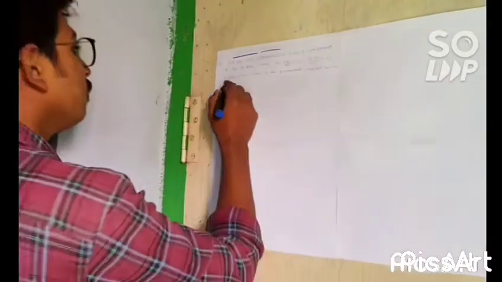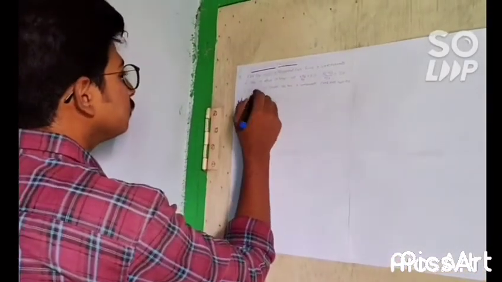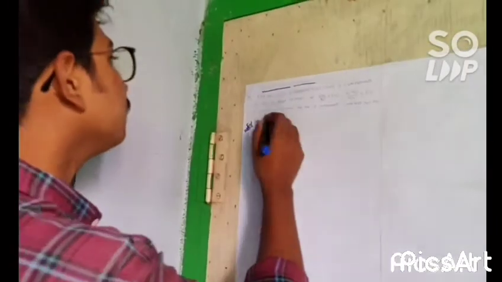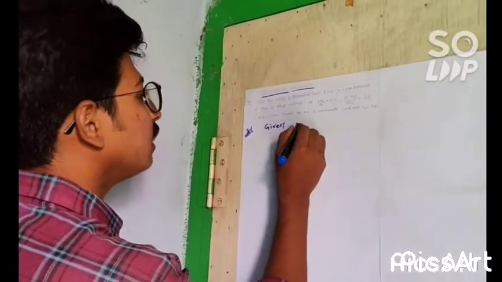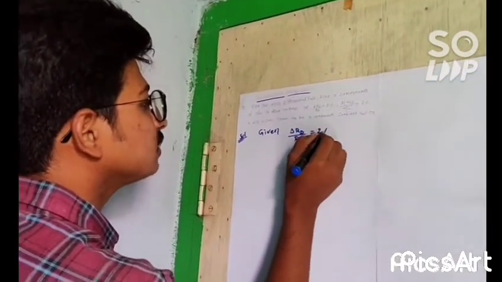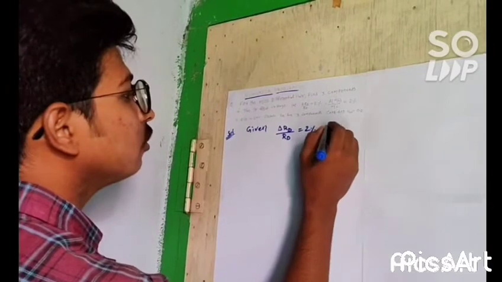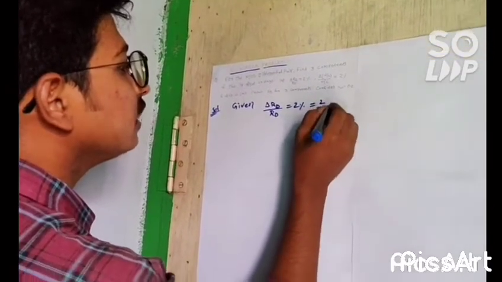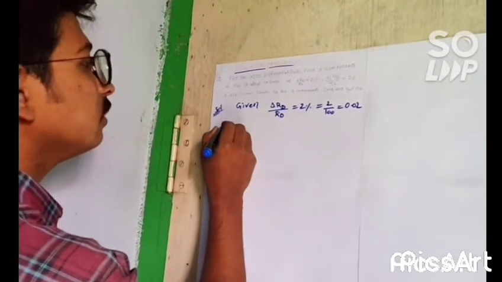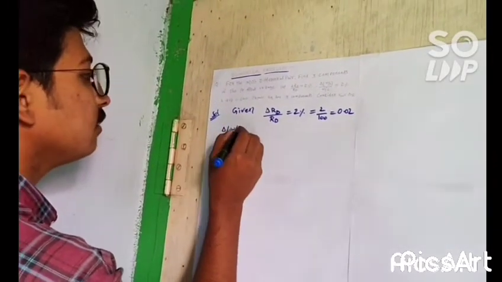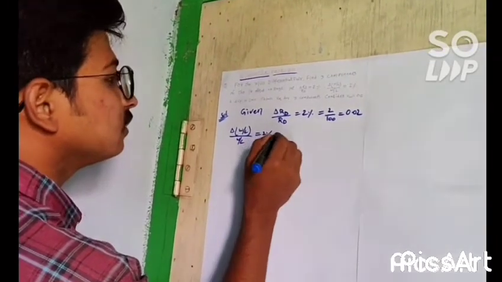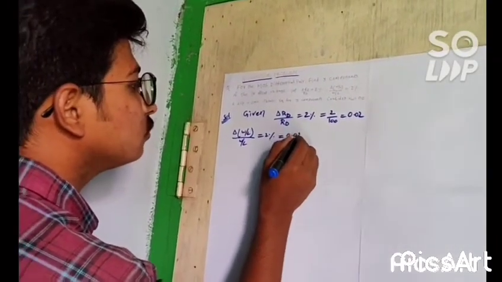Now given delta Rd by Rd is equal to 2%, that is equal to 2 by 100, that is equal to 0.02, and delta W by L is equal to 2%, same, that is 0.02.